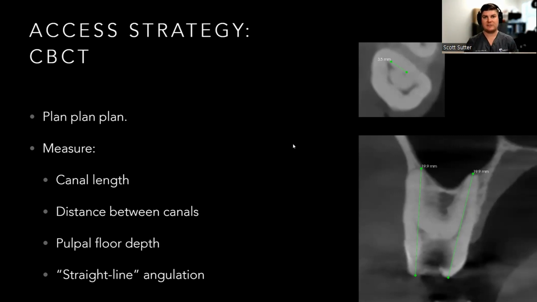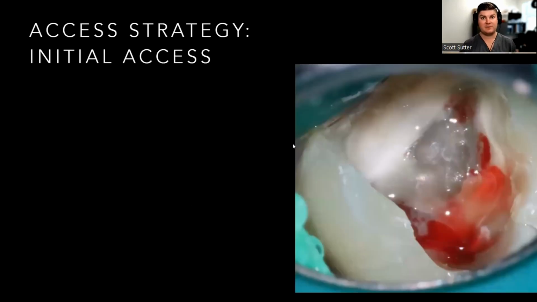And so sometimes the best way to access it is straight through the buccal cusp. Sometimes the best way to access it is straight through the lingual cusp. And you don't know that unless you do this measurement on the cone beam and figure out what is the best way. Because with calcified teeth, the way you're going to need to put pressure needs to be almost in a perpendicular area. So you do need to have straight line access. And this is another tool you can use to do it. So take cone beams on all these patients 100% of the time.